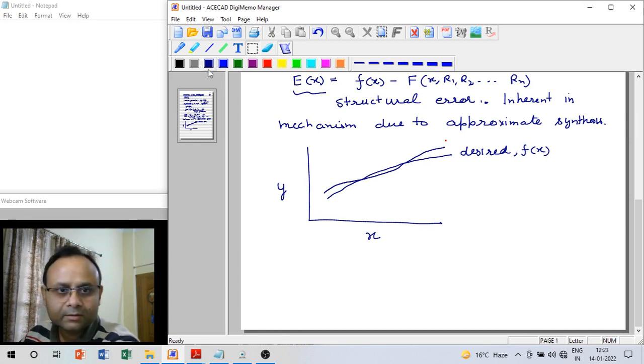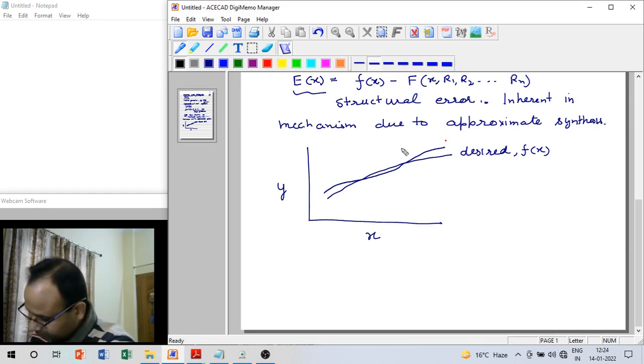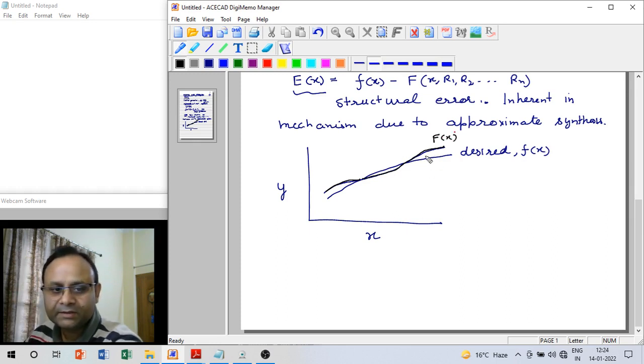Let us say this is what we got. And the difference between these two is called structural error, and that is inherent due to approximate synthesis.